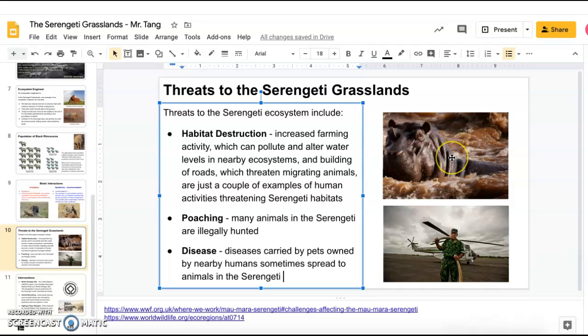I got this picture from the WWF website. Also, here's a picture of a person with elephant tusks, so that's related to poaching. But you only need 1 picture as a minimum. You can have more if you want to make it look better and all of that. And then I included the links that I used there. So that's slide number 10, an example of it.